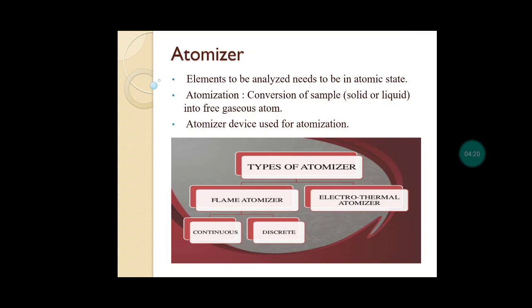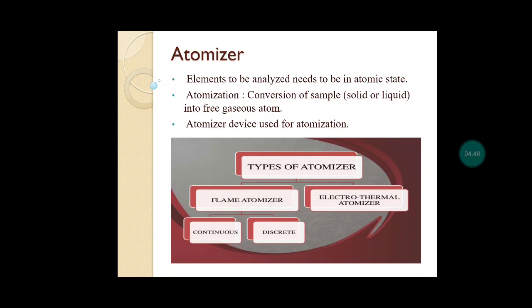First, the flame atomizer. The flame atomizer produces a flame that requires an oxidant gas and a fuel gas. Air-acetylene flame and nitrous oxide-acetylene flame are also used in the flame atomizer. Liquid samples are used with the flame atomizer. There are two types of flame atomizer: first is continuous and second is discrete.